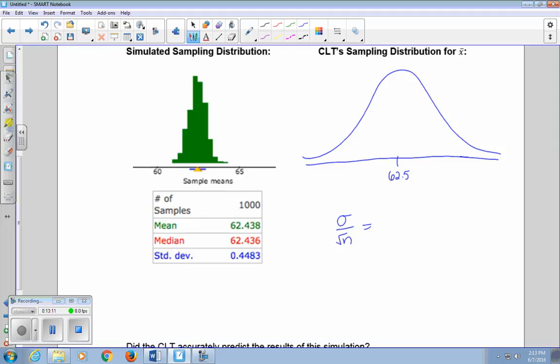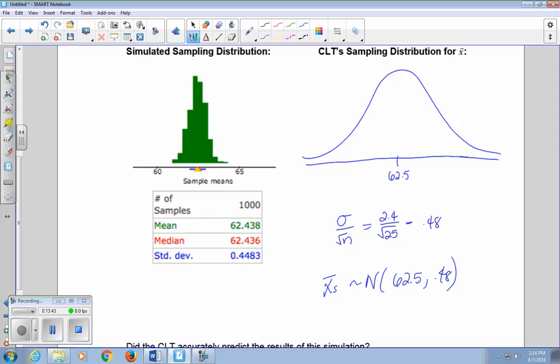So in this case, we're looking at 2.4 divided by the square root of 25, which is equal to 0.48. So we're saying that our X bar are approximately normal with mean 62.5 and standard deviation of 0.48.